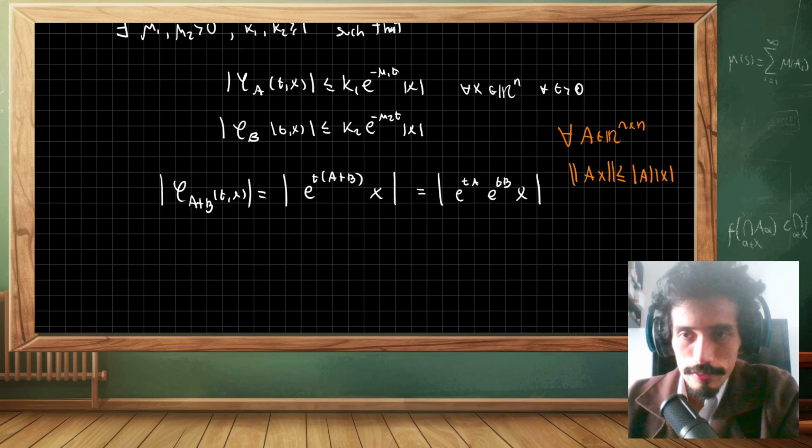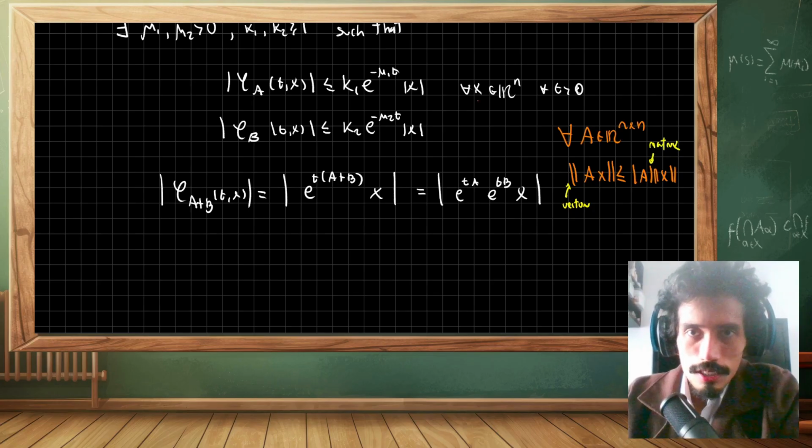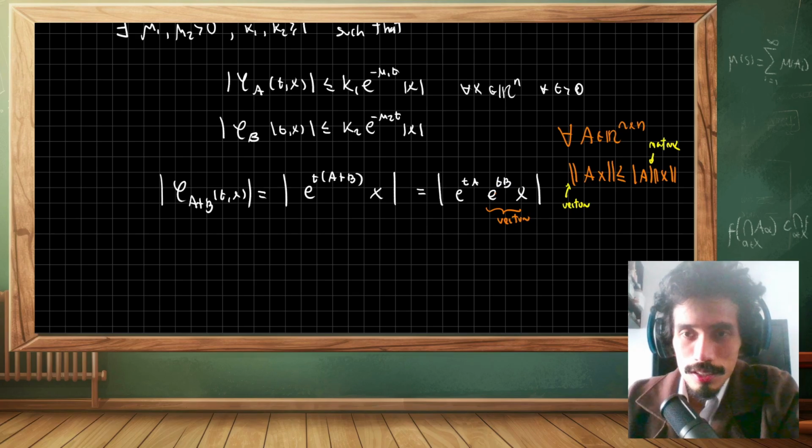So we can perhaps write this like this. This is a vector norm, and this is the matrix norm. So here we have a vector. This is a vector because the exponential of a matrix is a matrix and x is a vector, so matrix times vector is a vector, and this is a matrix.